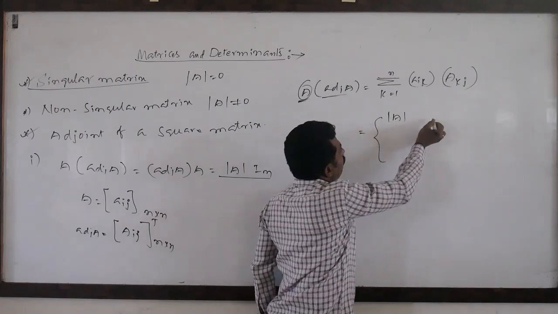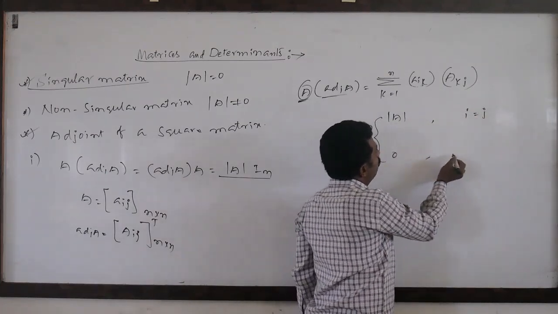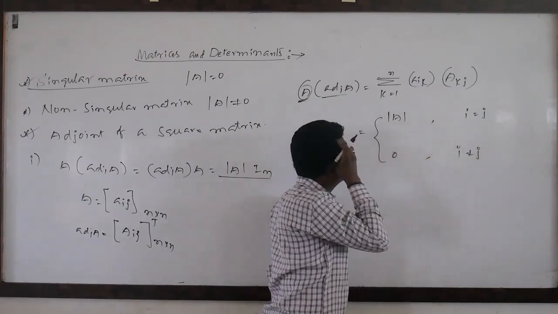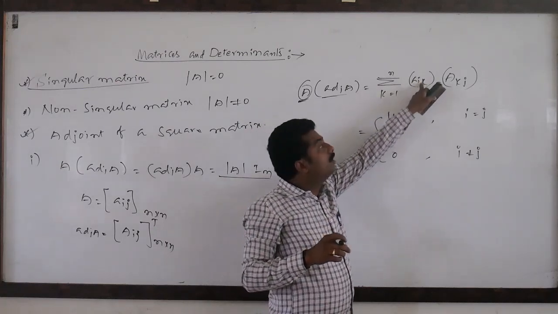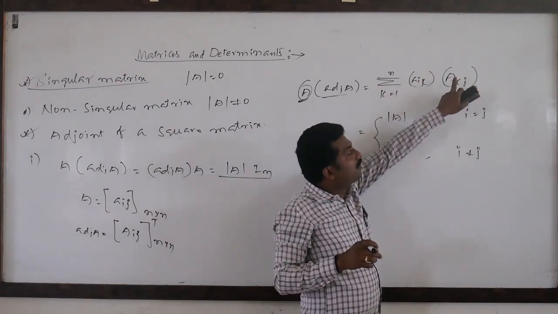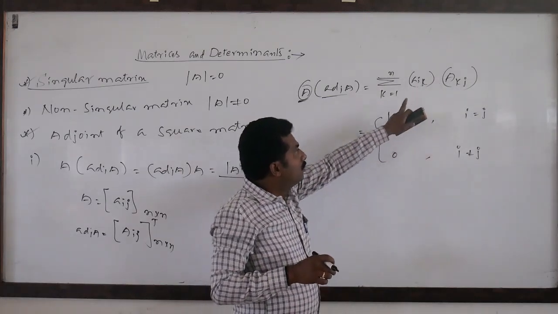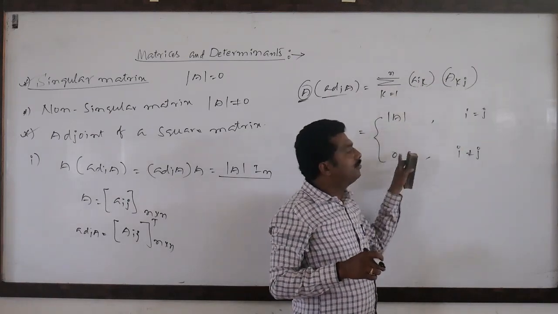This is determinant of A whenever i equals j. This is 0 whenever i is not equal to j, because the sum of the products of the elements of a row with the corresponding cofactors of the same row is the determinant of A, while the sum of the products of the elements of one row with the cofactors of another row is 0.